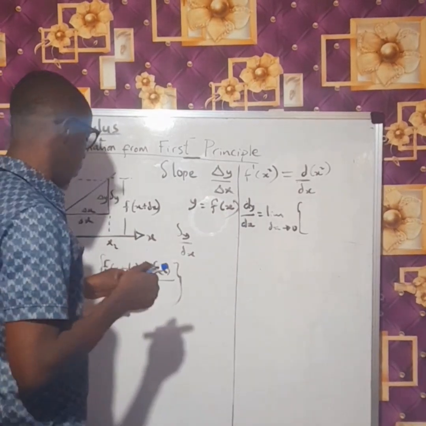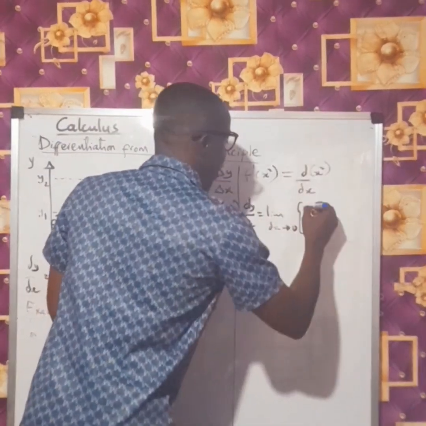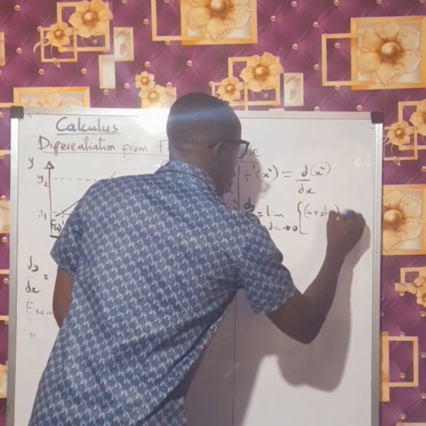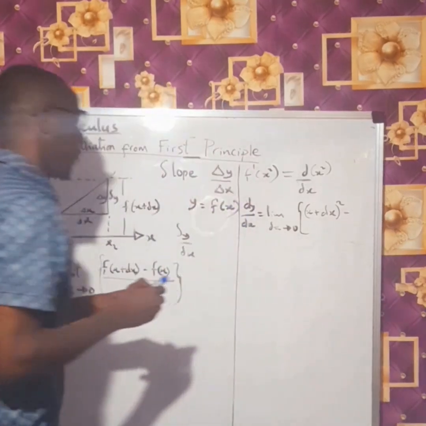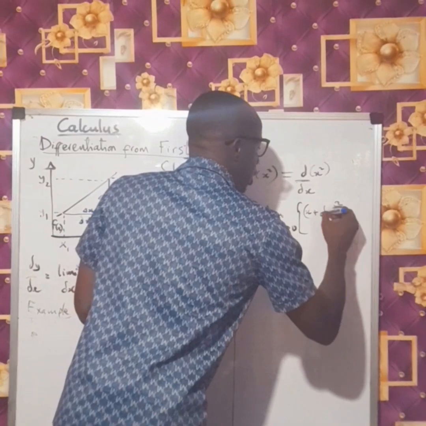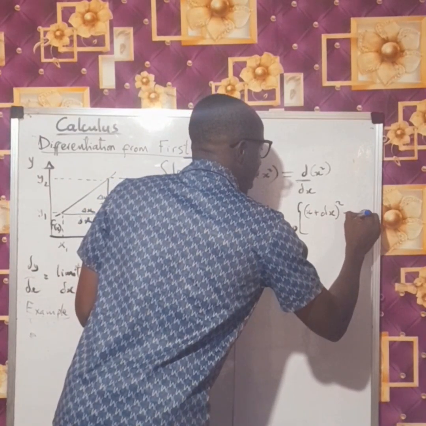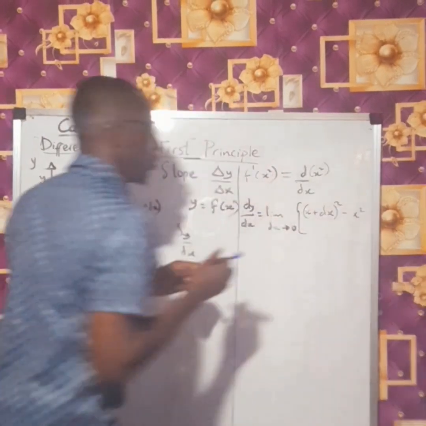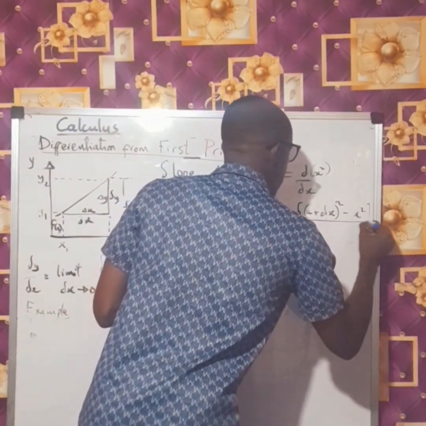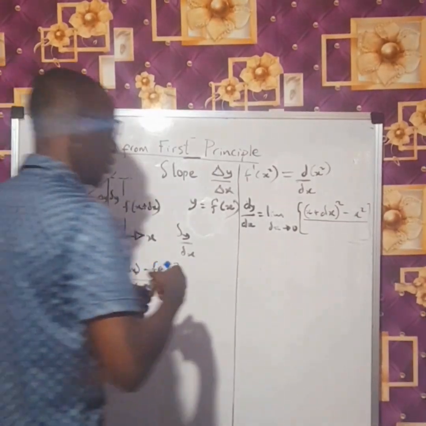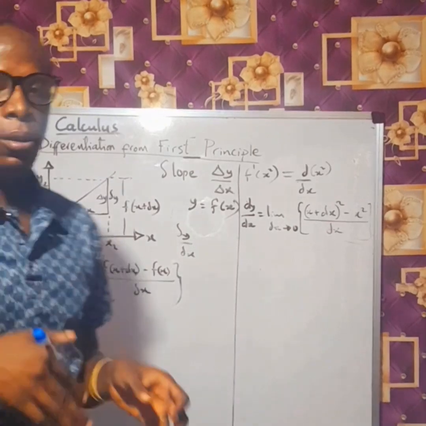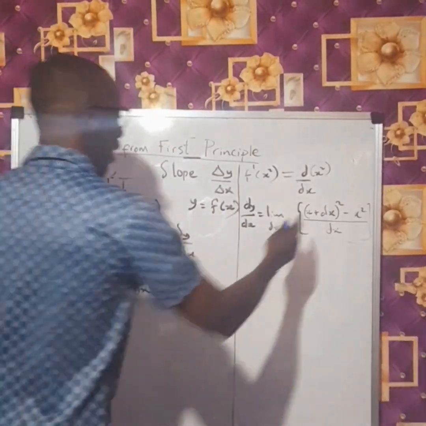Instead of x here, the function now is x plus dx all squared, minus what is my main function that I'm differentiating? What I'm differentiating is x squared. So I have all over dx. Somebody follow.